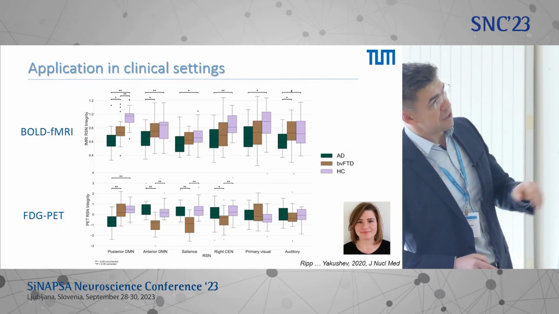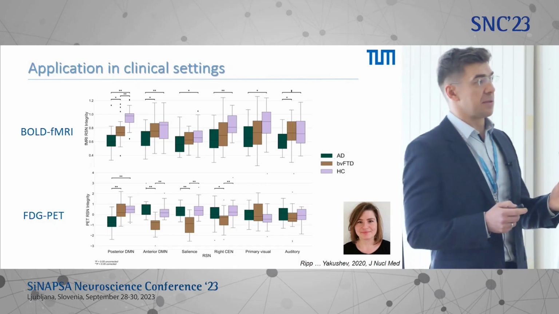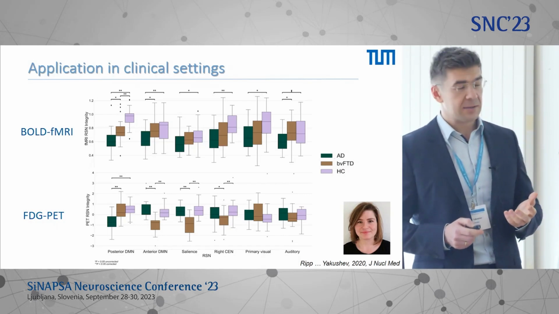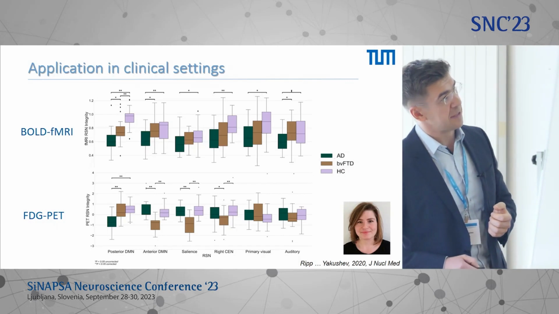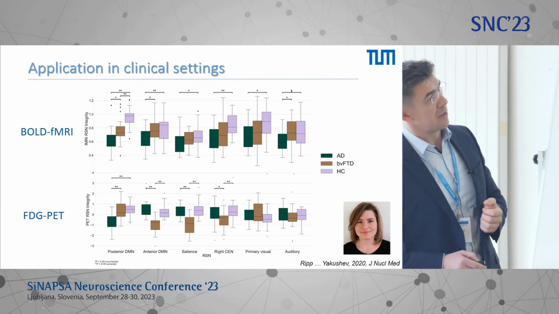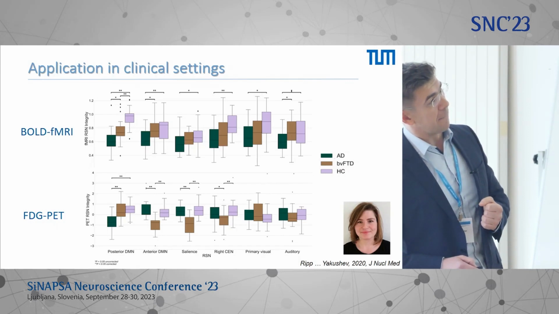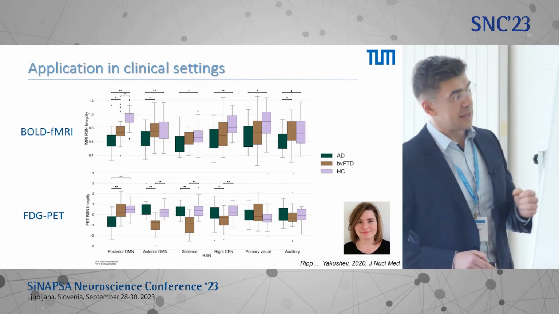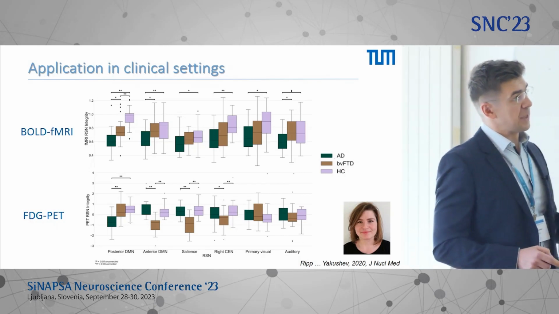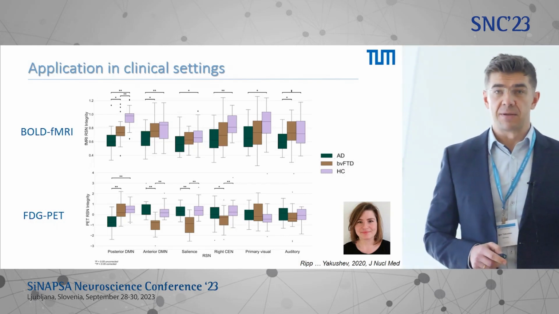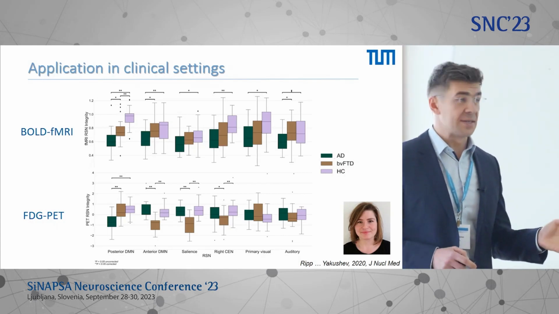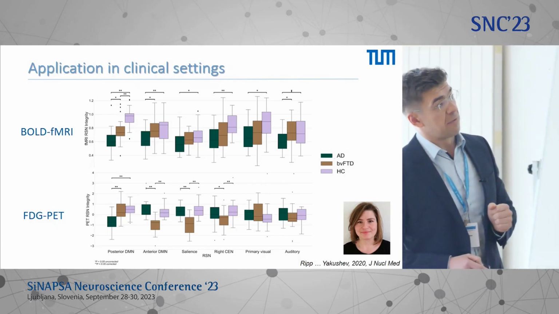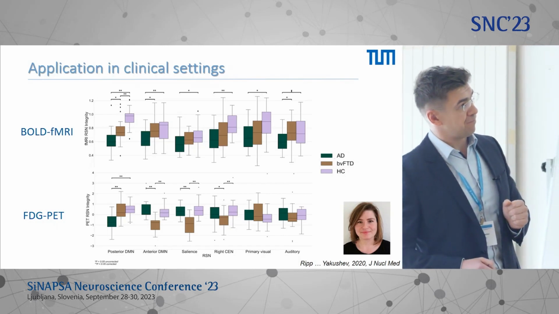But in the FDG-PET data, this pattern was much more specific. There was no difference between the reference resting state networks, but there were differences between the cognitive resting state networks, and in a way that we can not only differentiate between patients and healthy subjects, but can also differentiate between Alzheimer's disease and behavioral variant frontotemporal dementia.